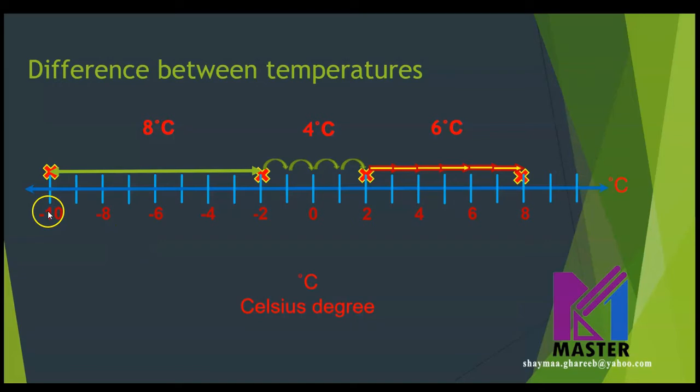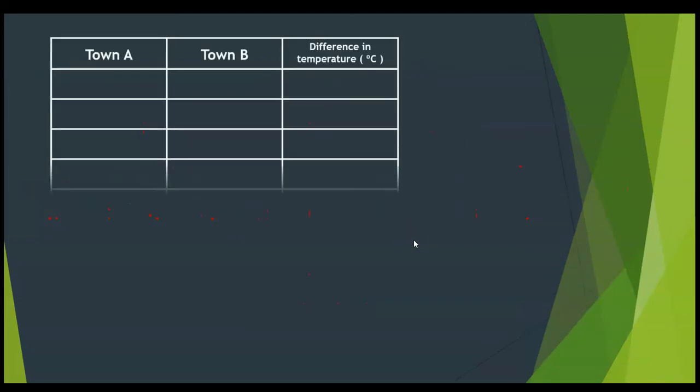And when there are two negative temperatures, the difference is subtracting the smallest from the greatest. But when one of them is positive and the other one is negative, the difference is adding these two temperatures. Is this clear? Let's see in the next slide.